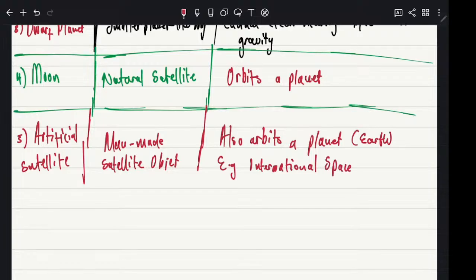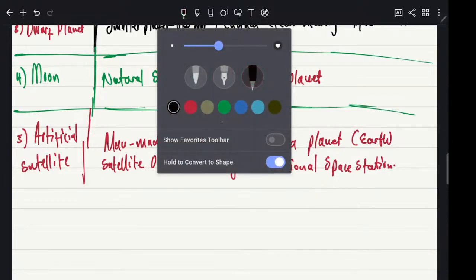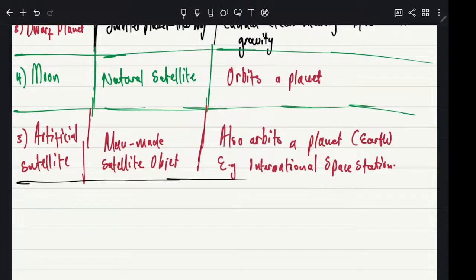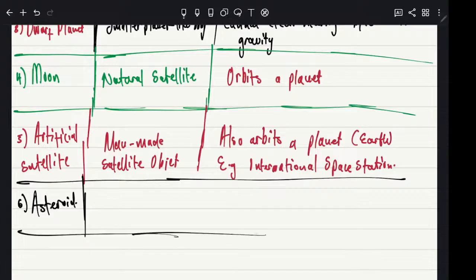Let's see the sixth thing: asteroid. This is a small rocky object. It's not that small, but when compared to planets, it is small.